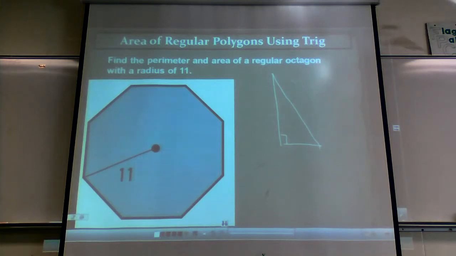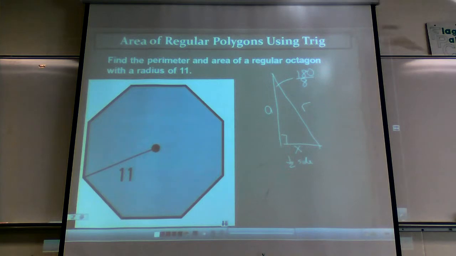And guys, the setup is always the same. That's 180 over the number of sides. How many sides does the octagon have? 8. This side right here is always the apothem. And this side right here, which I'm putting the x on, is always one-half of the side. And that is the radius.